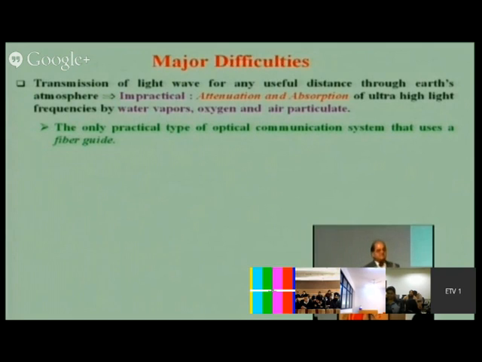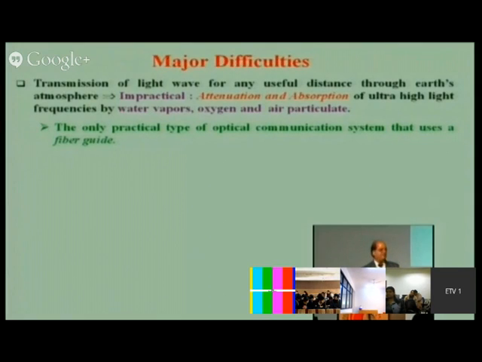Diffraction is prominent if the wavelength of light matches the obstacle. The optical frequency is in the range of 1 micron, 1.3 micron or 1.5 micron, and the particulates in the atmosphere are also of the same size. As a result, there is a large amount of diffraction, and then we have Rayleigh scattering.